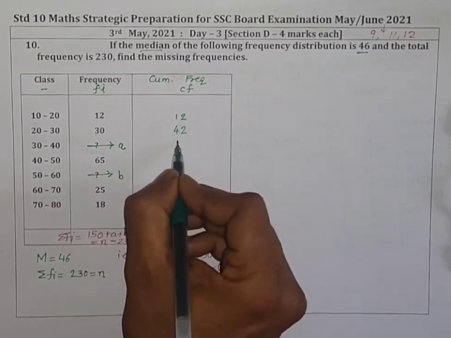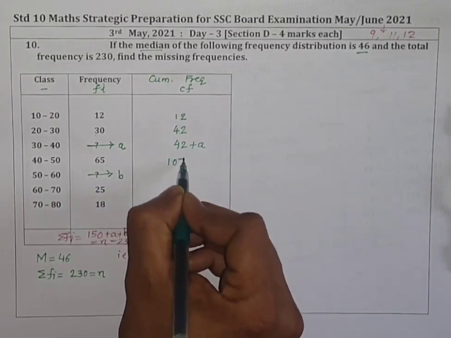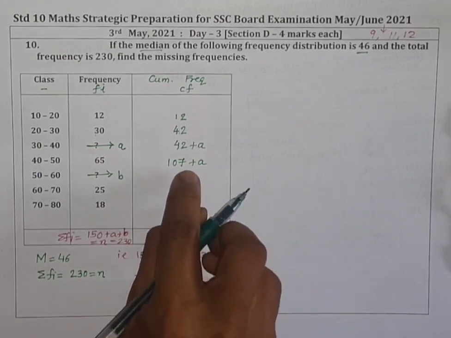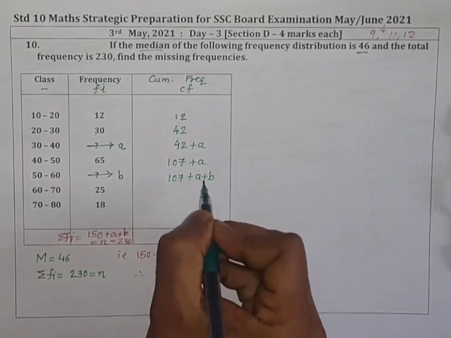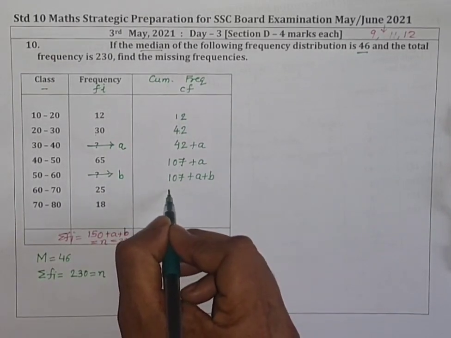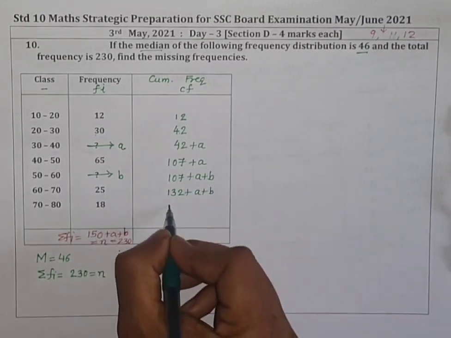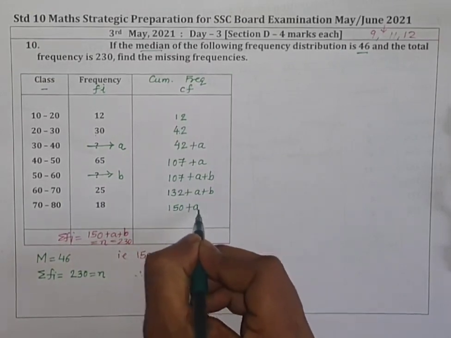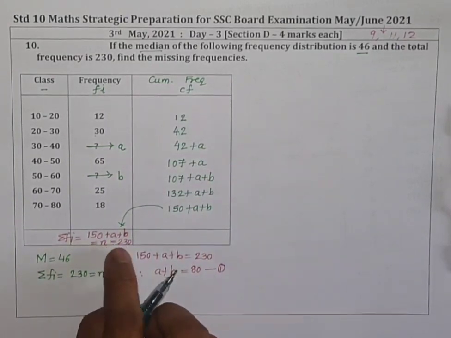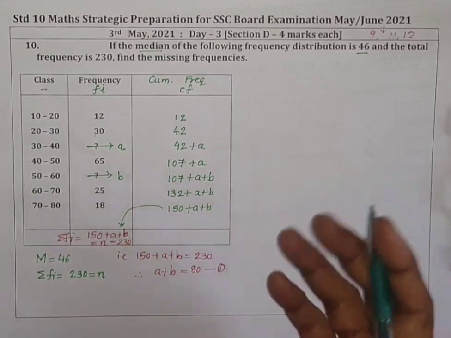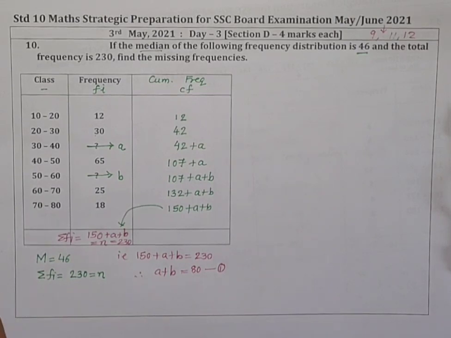Next class, 42 plus A. After that, 42 plus 65 is 107 plus A. Now we are going to add B: 107 plus A plus B. 107 plus 25, 132 plus A plus B. 132 plus 18, that is 150 plus A plus B. You can see that we haven't made any error in addition. That is equal to n. Children, I have been making some mistakes in calculations. You can rectify those mistakes and see for yourselves.